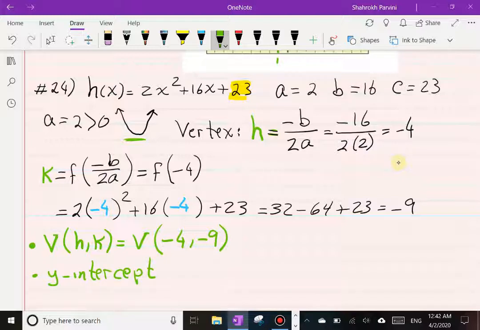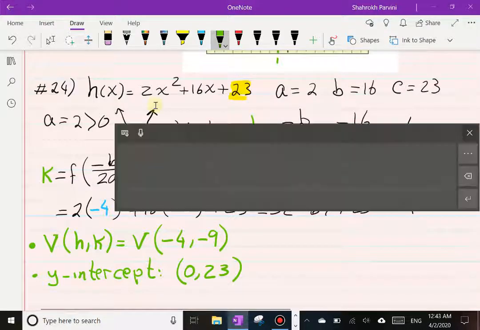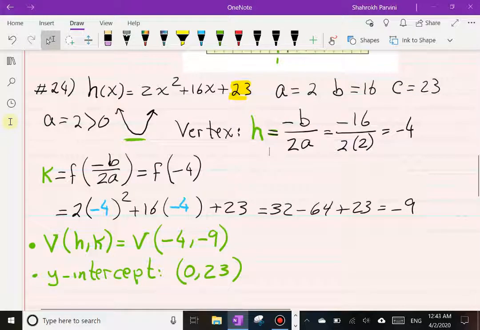That would be the place where the graph crosses the y-axis. For the y-intercept, x is always 0, and y is going to be 23 again. That comes from this highlighted number in the original function. Okay, so this would be our second point.